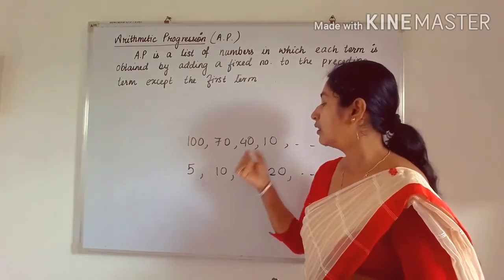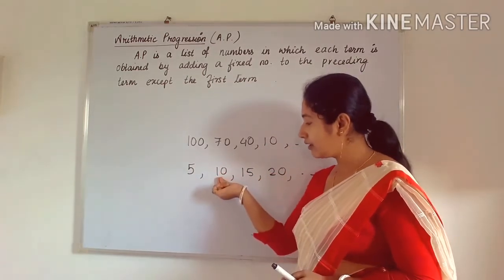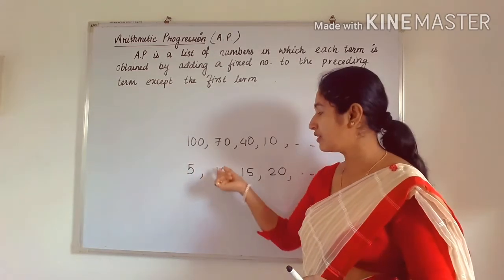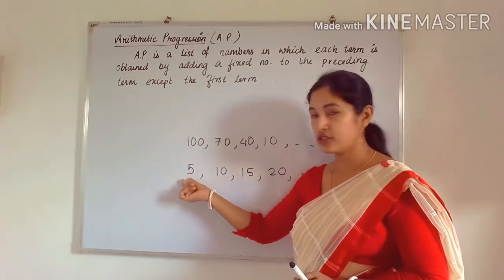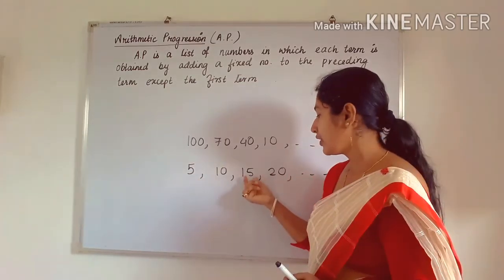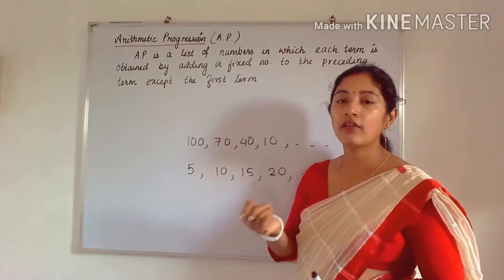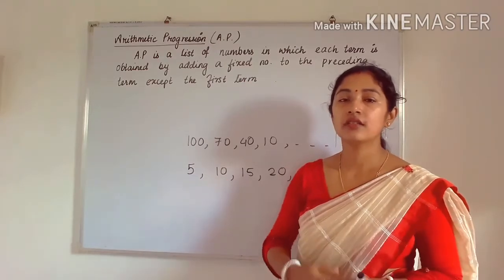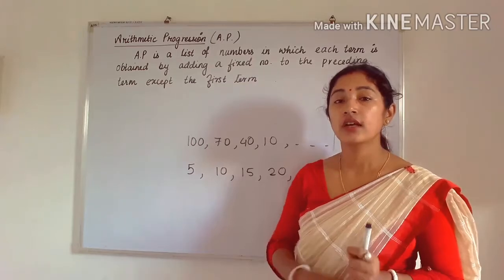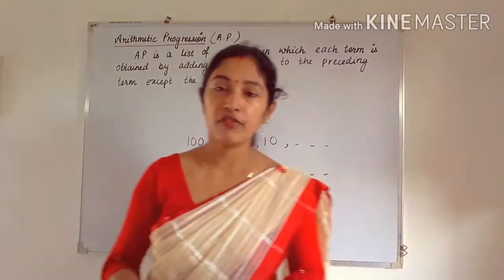When we subtract the first term from the second term, we get 5. Again, if I subtract the second term from the third term, I again get 5. That means the difference between consecutive terms is always the same. That's why this difference is called the common difference.